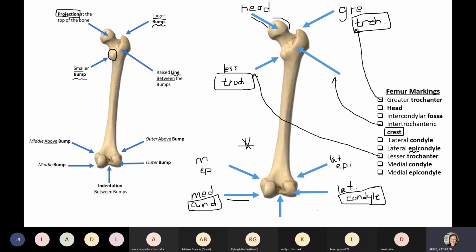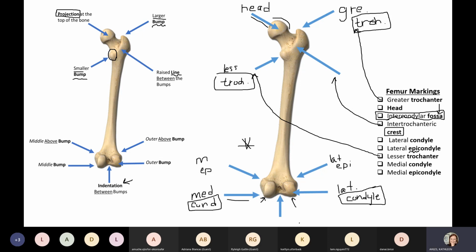In between those two condyles, we have this thing called the intercondylar fossa. My underline completely failed. Intercondylar fossa. That's the emphasis here, fossa. A fossa is an indentation. So the intercondylar fossa is the indentation between my condyles, between my bumps.